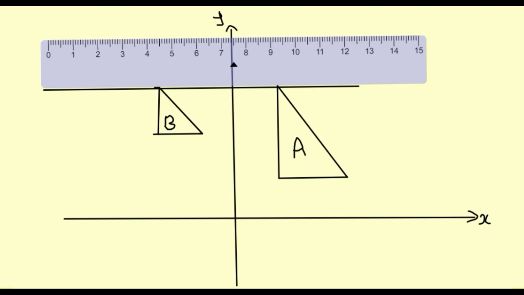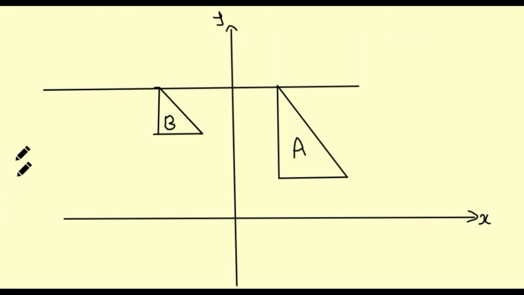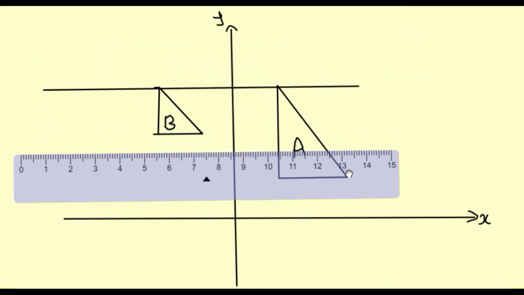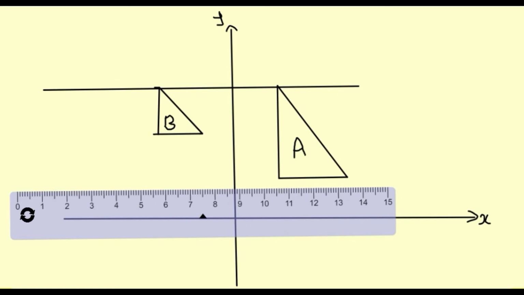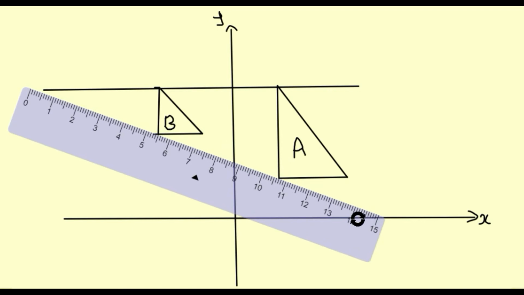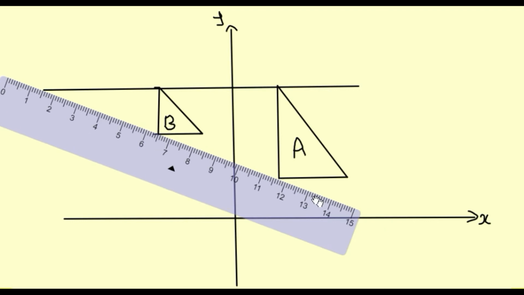Okay, now you can take away your ruler, then keep your ruler to the next vertex. The other corresponding vertices you can join like this. Okay, now after joining, you can take your pencil and extend this line.